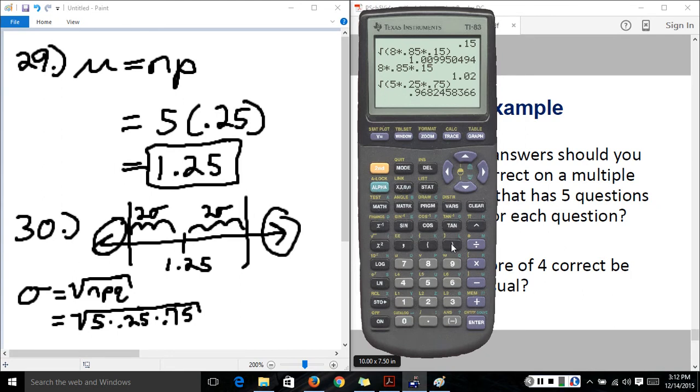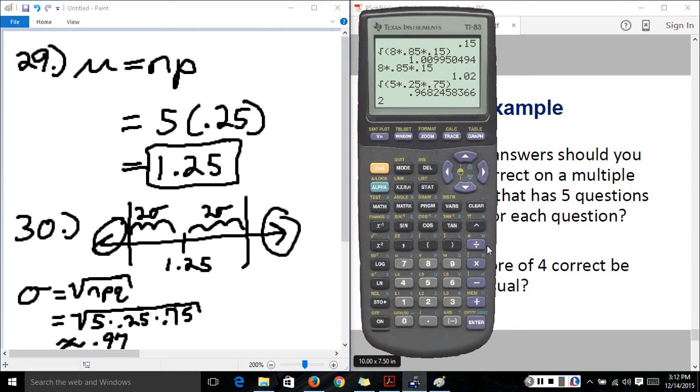And we'll round that to 2 places. I get about 0.97. That's for the standard deviation.